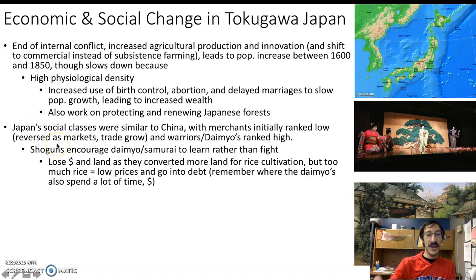So, similar to China, similar social classes. Merchants are ranked really low, and the daimyos, the warriors and samurai, and the emperor are ranked really high. The order goes emperor, shogun, daimyos, samurai, then laborers, farmers, and merchants near the bottom. In China, there was more of an informal recognition of the growing power of the merchants.